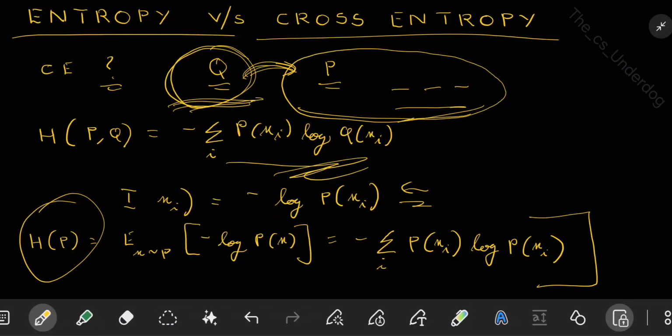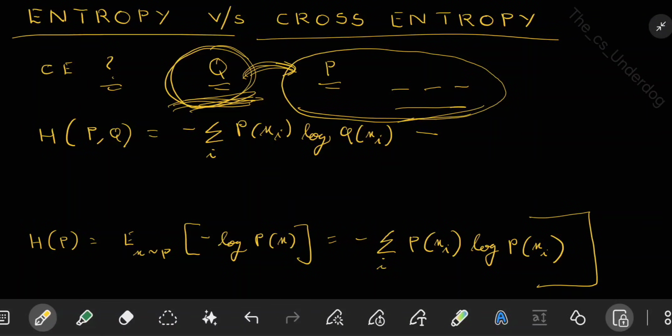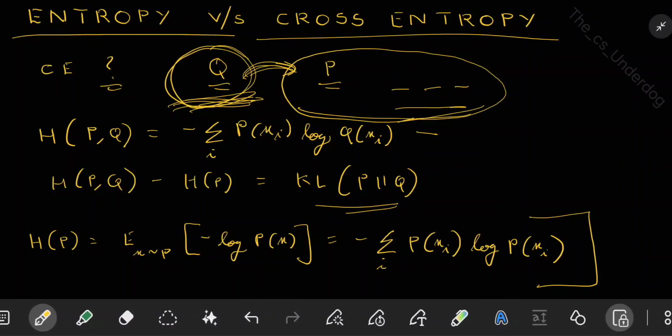This difference will tell you how inefficient your code is, because you made the code for Q instead of P. So H of P, Q, which is my cross entropy, minus entropy will give me the KL divergence of Q from P. This is what KL divergence is.